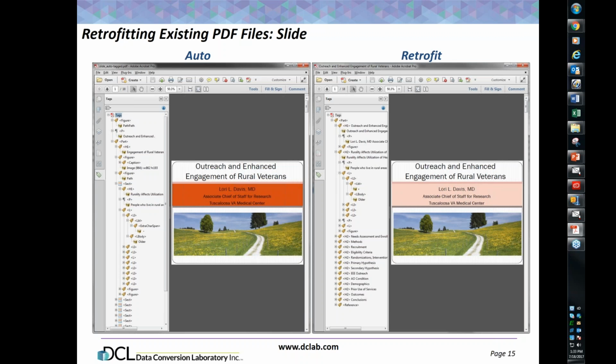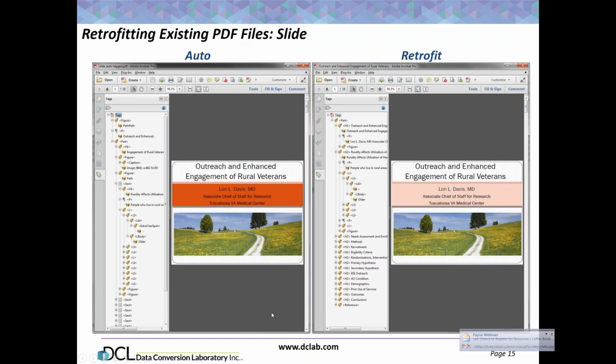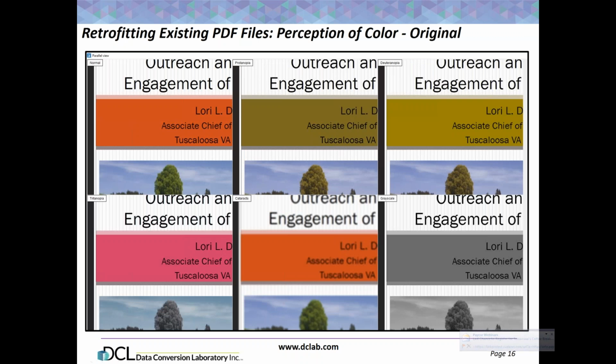Before we leave this example, I just want to show you what happens with colors. Now this is a color chart, and this is software that's available to you. The top left corner is what a person with normal vision would see when they got that slide that we looked at.